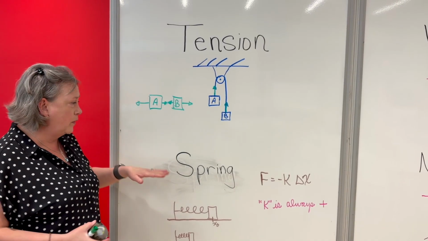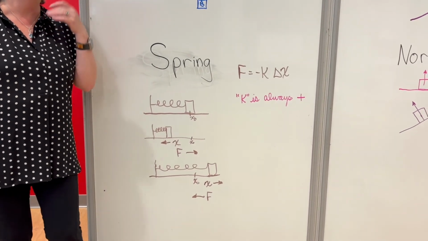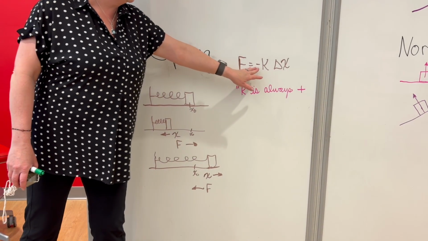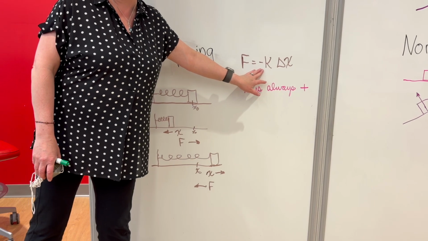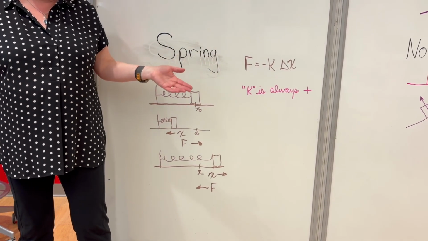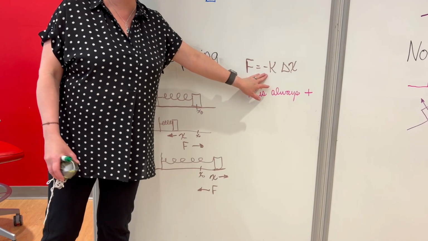Next one that we're going to encounter is a spring force. And I will note that the book that we are currently using in this chapter doesn't have this negative sign. And then when we get to this in physics 2, all of a sudden the negative sign appears. So we're just going to start out with this as it should be.